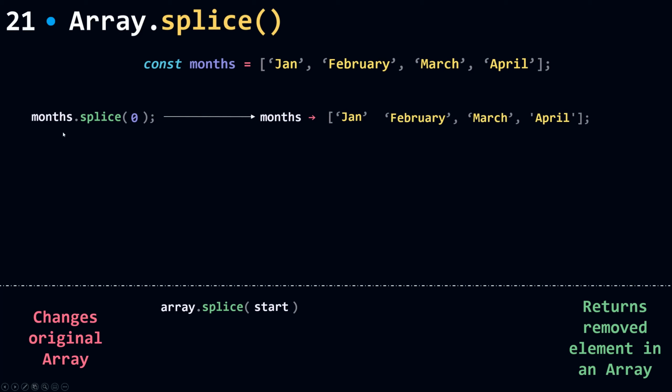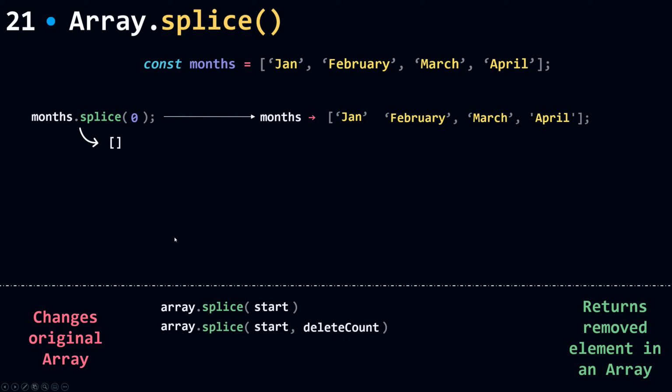Now this code will return an array, and if you assign this to a constant, you will get an empty array because we didn't remove any element. Now if you want to remove an element, you need to specify the second parameter. The first one is start, then the second one is the delete count, or how many elements you want to remove from the start.